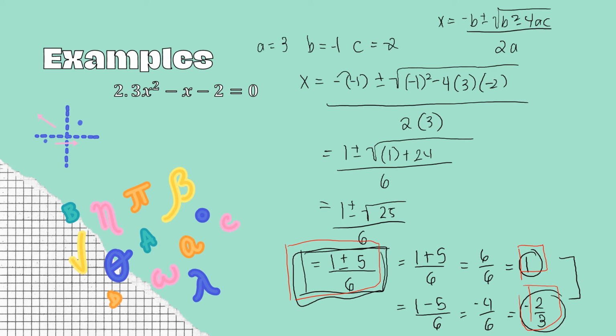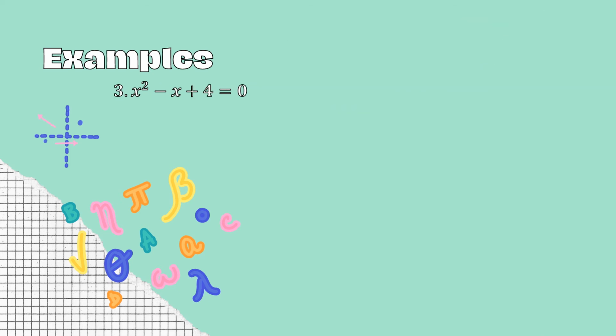Now let's proceed to our last example. So we have x squared minus x plus 4. So your A is 1, B is negative 1, and C is 4.